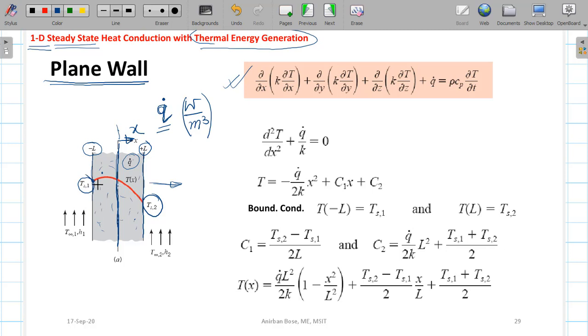If this is the situation, what will be the rate of heat generation that we want to see?